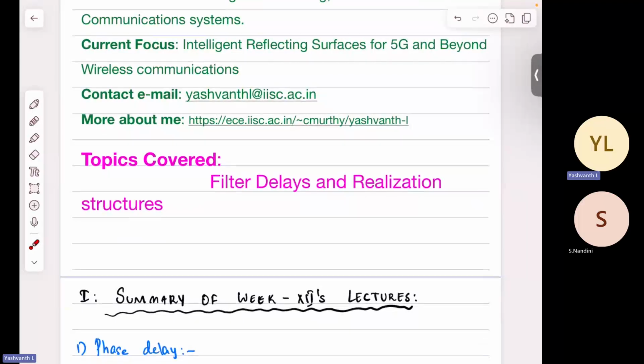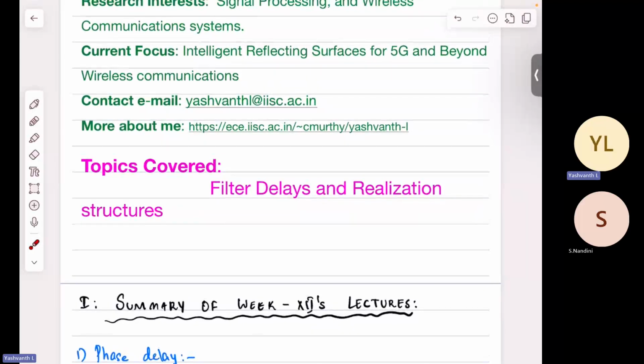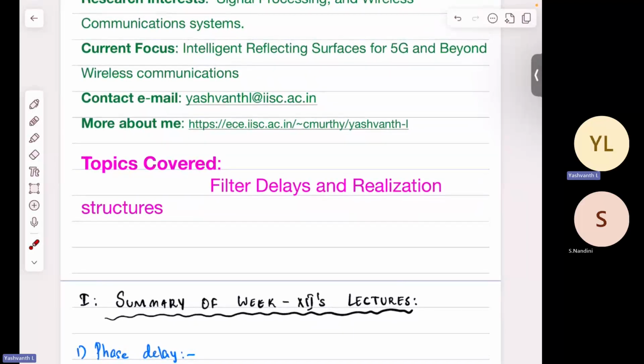For this last regular session, we will be looking at filter delays and some realization structures. Note that this is the last regular session, but we will also be having one more session in the coming week. That will be the final session summarizing all the topics that we have seen in this course.